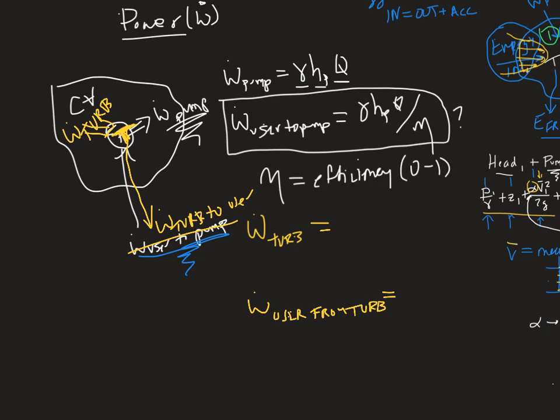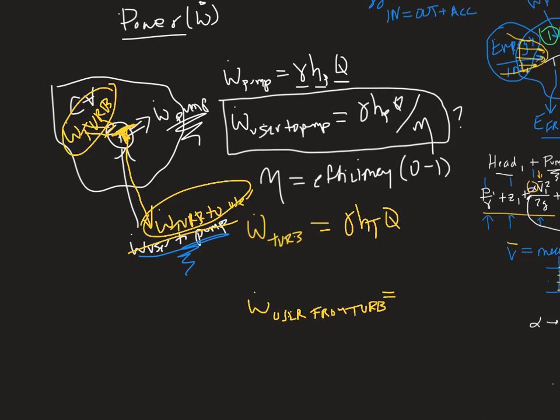And so again, there's going to be energy loss between this step and this step. Okay, so there'll be an efficiency there. Okay, so the easy one is the work of the turbine is gamma HT Q. Okay, that's the easy one. Okay, the more difficult one is the work user from the turbine.